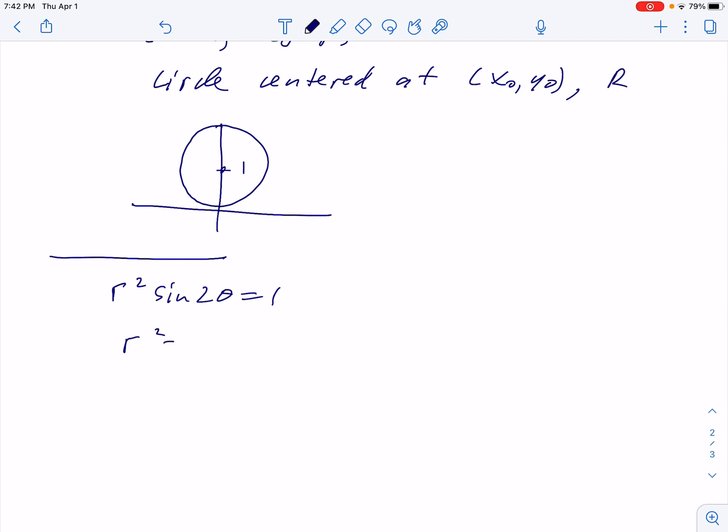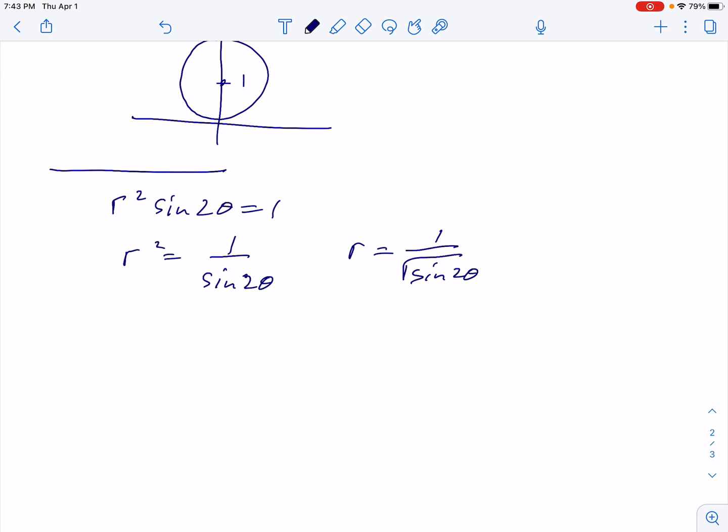r squared will be 1 over sine 2 theta, and r itself will be 1 over the square root of sine 2 theta.